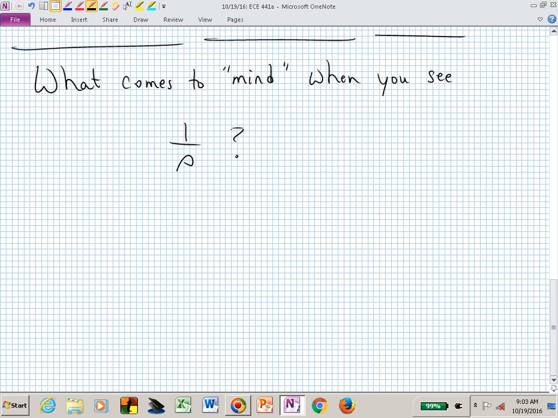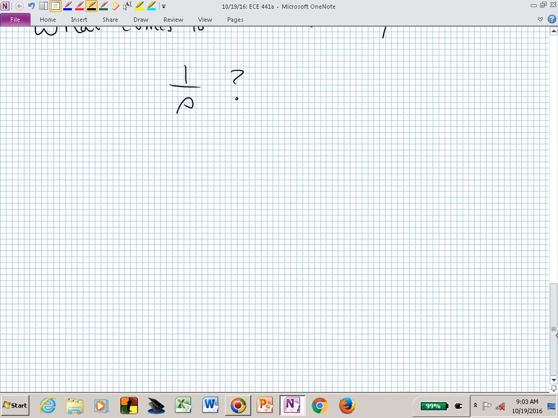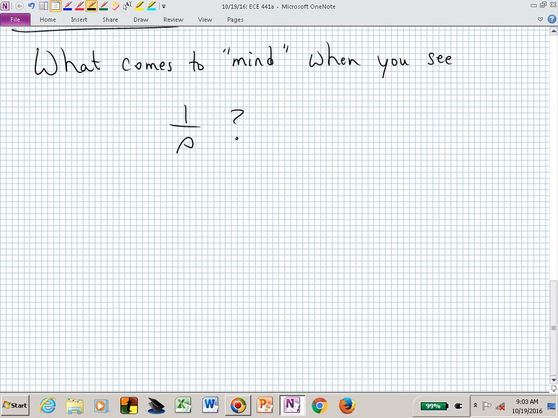And that 1 over s can be vague in terms of what it means. It can mean both. And the reason it can mean both can be confusing, but in your system, 1 over s, if it's a signal, then it's 1. If it's an operator, if it's inside a block, then it's an integrator.